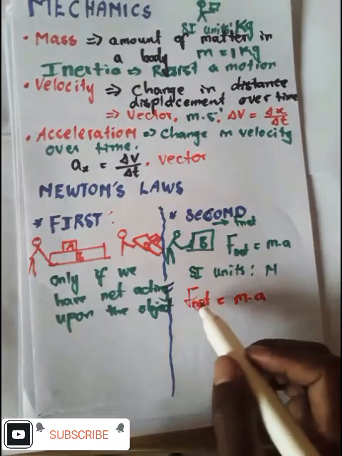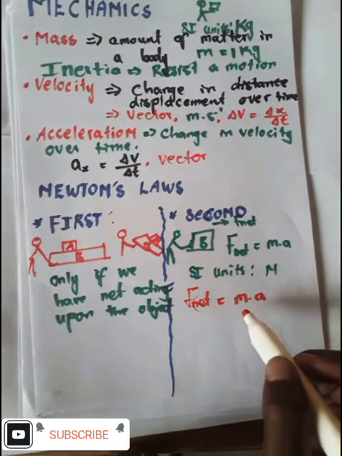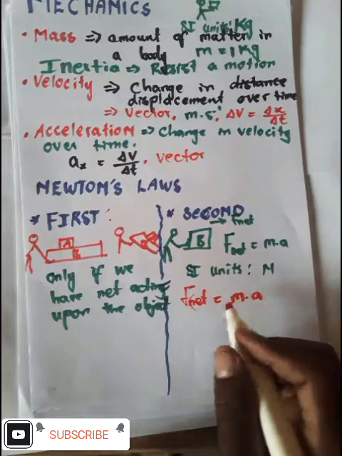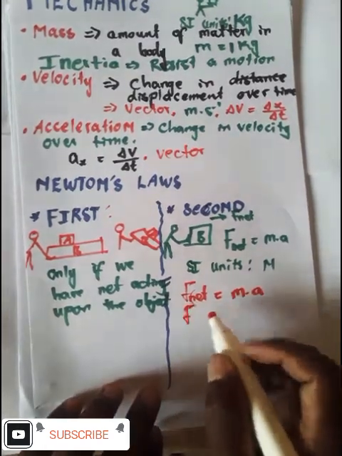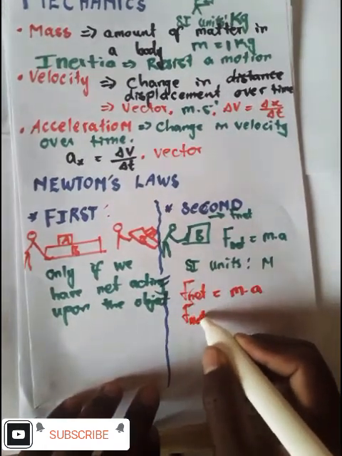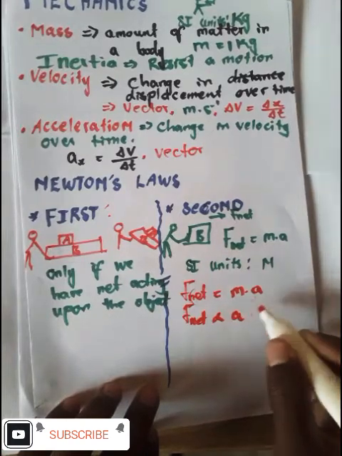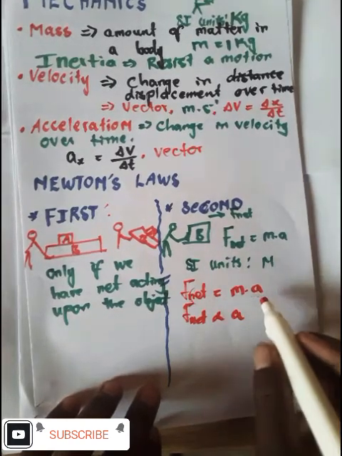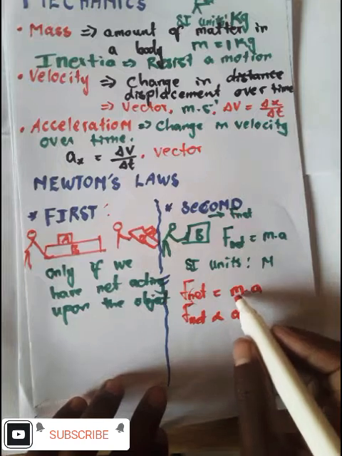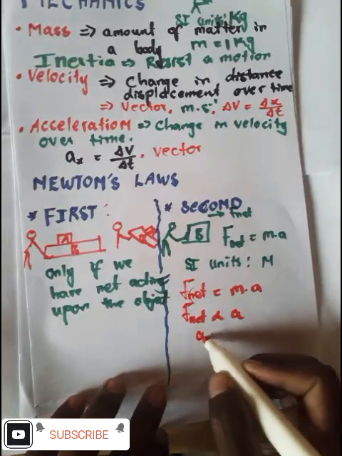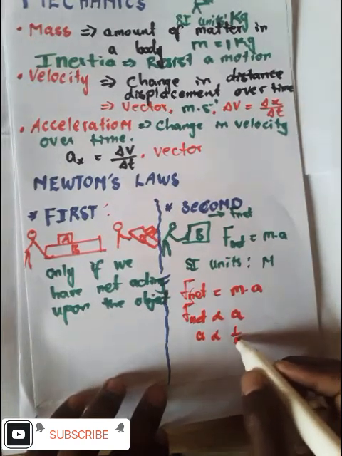So I can say F net is directly proportional to the product of mass and acceleration. Simply, F net is directly proportional to acceleration. But acceleration is inversely proportional to the mass.